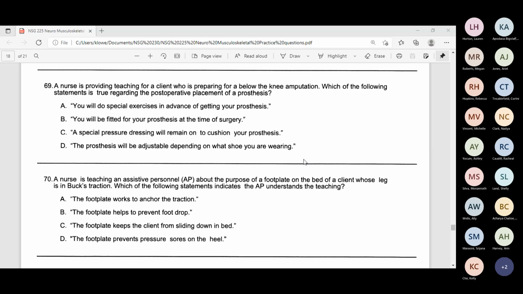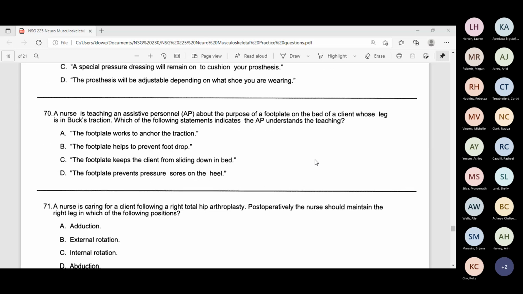And prosthesis will be adjustable depending on what shoe you're wearing. They are actually going to bring a pair of shoes to the fitting so it can be made to the length adjusted to that heel height. But the prosthesis will be permanently structured and it's not adjustable. So, special exercises.